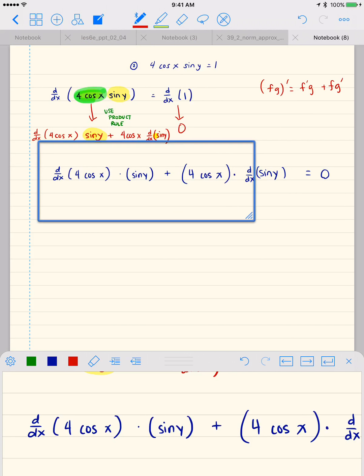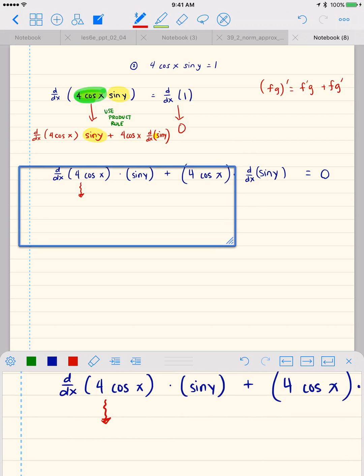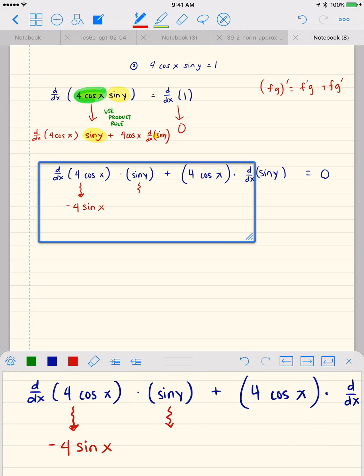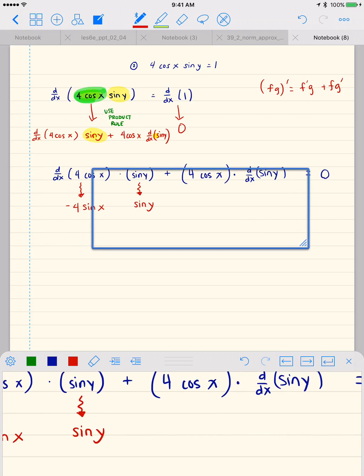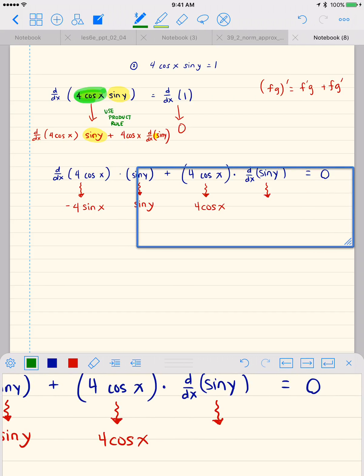Now, some of these are going to be easy or easier. What is the derivative with respect to x of 4 cosine x? That would be 4 times the derivative of cosine x, which is negative sine x. The sine y just stays the same, and the 4 cosine x stays the same. But now, what is the derivative with respect to x of sine y? We have to use the chain rule.